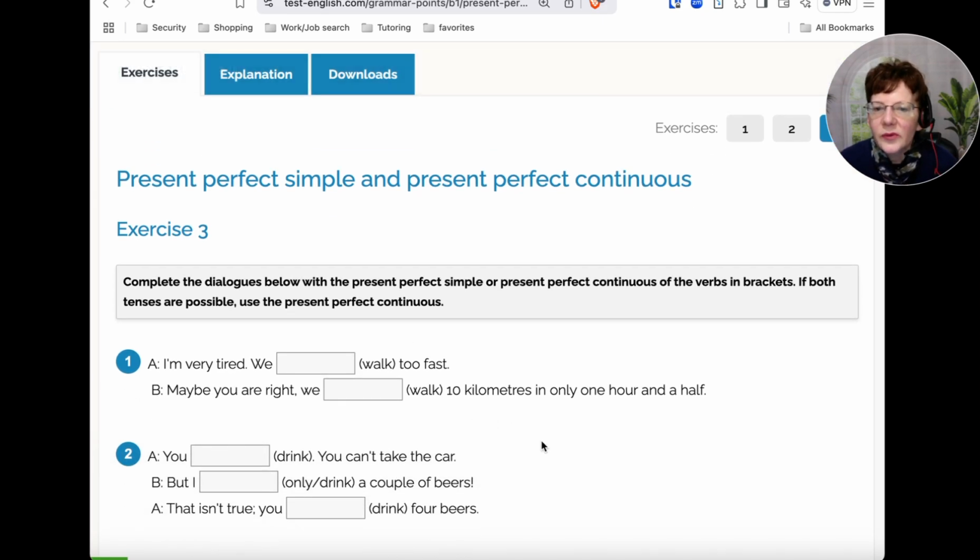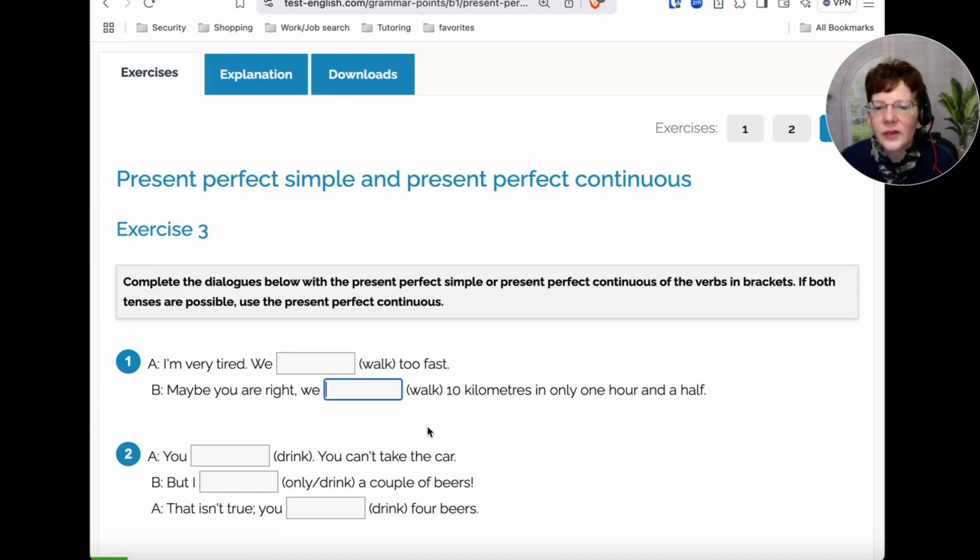Okay, we'll do a couple here. In these dialogues, we type the correct form for the verb in parentheses. Number one: I'm very tired. We walk too fast. Or maybe you're right. We walked 10 kilometers in only an hour and a half.